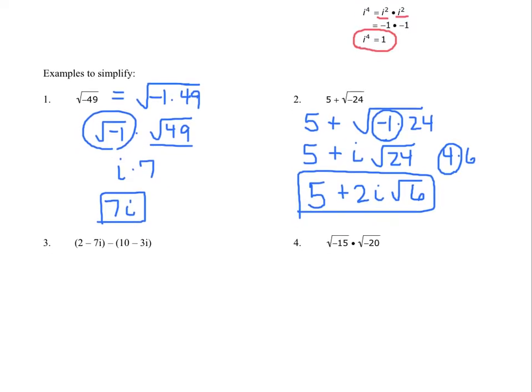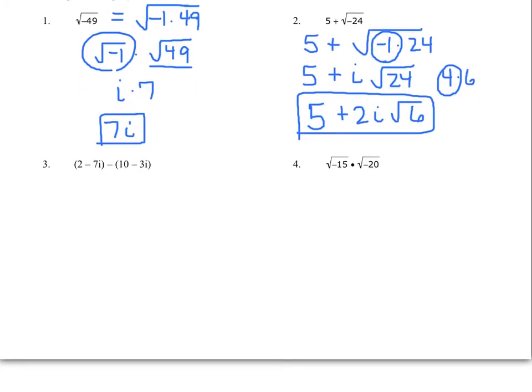Now, taking a look at the next couple, we've got a subtraction problem. It looks just like a regular polynomial, and in effect that's how we treat it. We treat it as though we're combining a polynomial using subtraction, and we can treat the real parts and the imaginary parts of the complex number as though they were variable parts.